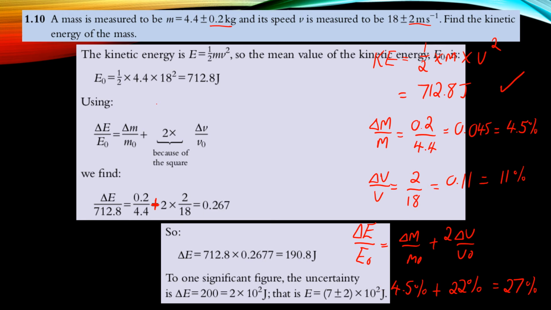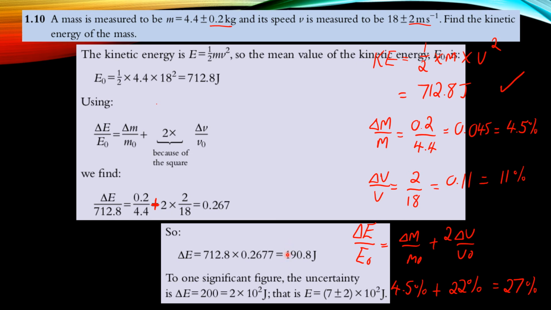I'm just going to get rid of that so you can see slightly better. So the absolute uncertainty, so what's 27% of 712.8? It's 190.8 joules. Remember, we are keeping only one significant figure for an absolute uncertainty, so this is rounded to the nearest 100 joules. So this is delta E is plus or minus 200 joules.